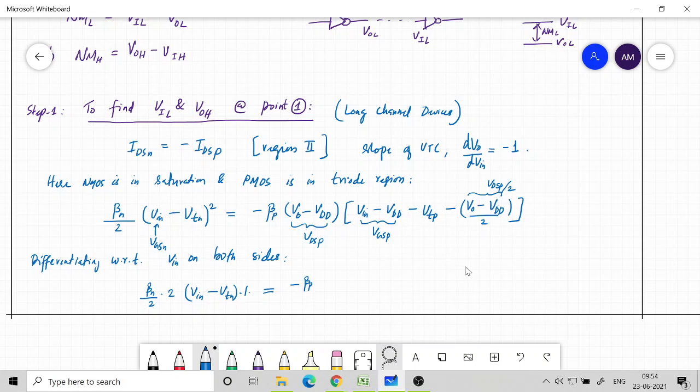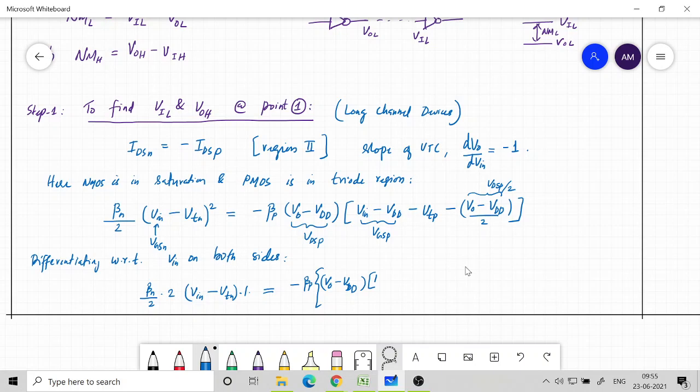So here there are 2 terms. So I will apply a big bracket and first function into derivative of the second. So wherever V in or V out, we have to do the derivative. So here there is V in, and that will become 1. VDD is constant, VTP is constant, so derivative becomes 0.